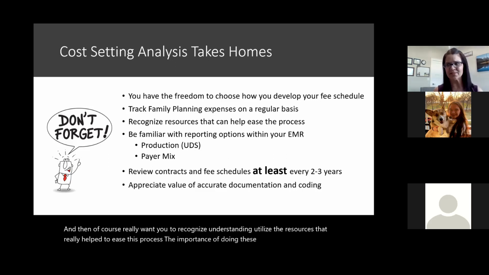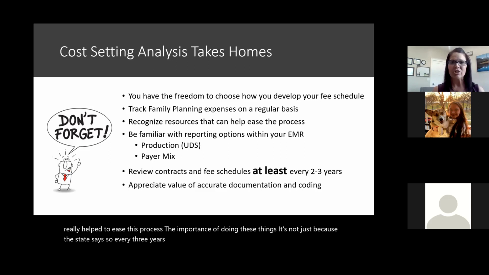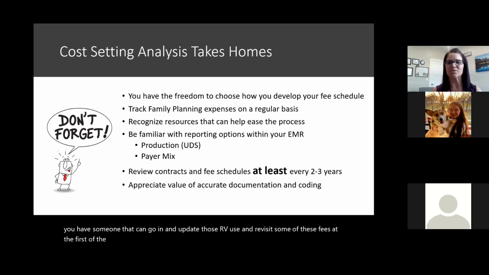It's not just because the state says so every 3 years, but really you want to be updating your fees annually. If you have someone that can go in and update those RVUs and revisit some of these fees at the first of the year, that's awesome. You're on track. You can update the cost of living adjustment. You've got this wonderful workbook that you can just track those details in.